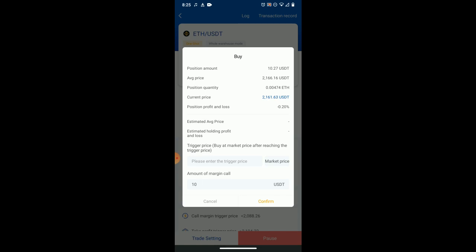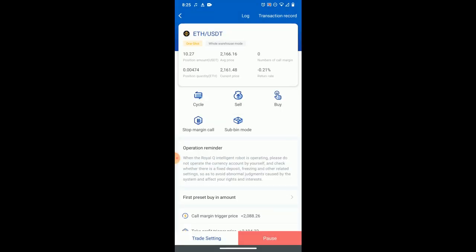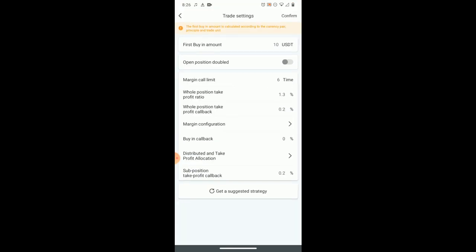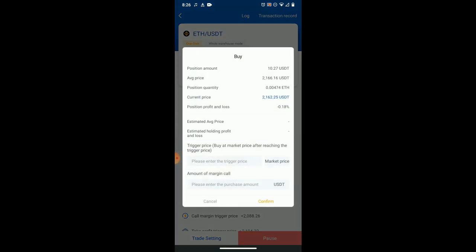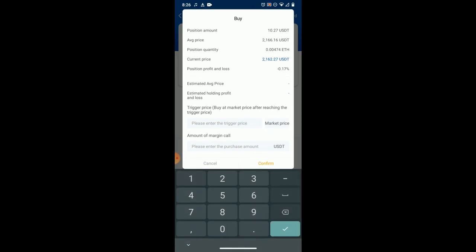Now, we have spent more than $20, right? Let me see. Let me now go back. Trade setting. No. Let me see. Position. Amount. Okay. We have not affected it. Let's click on buy. Let's put the $10 here. We click on confirm. Please enter the trigger price.